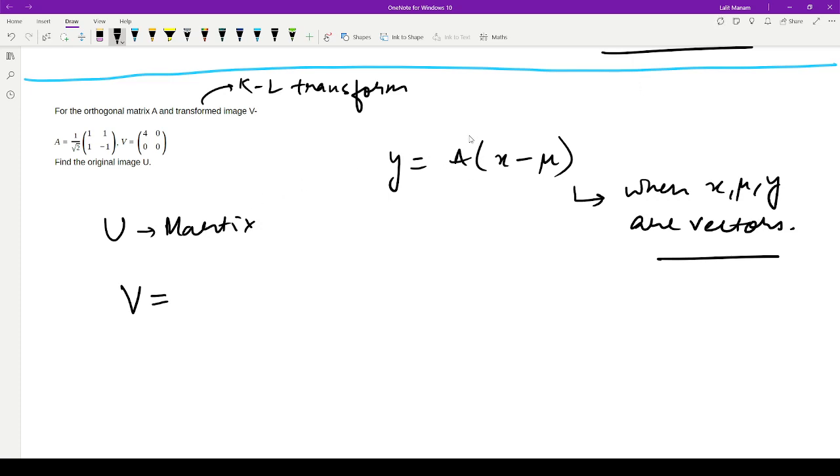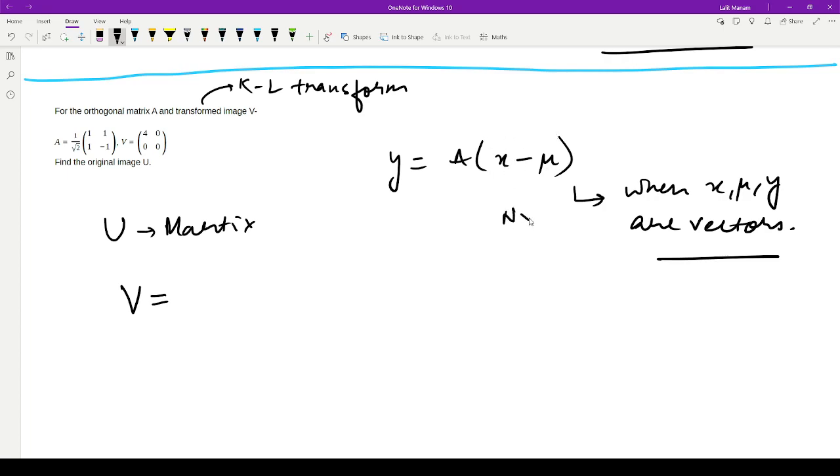What does this matrix A do? It takes each element of X minus mu and then maps it into Y. This is also a vector, right? So what is it effectively doing? It is taking each row.